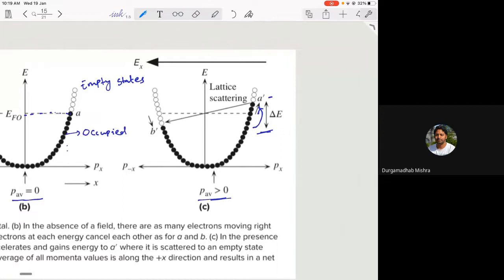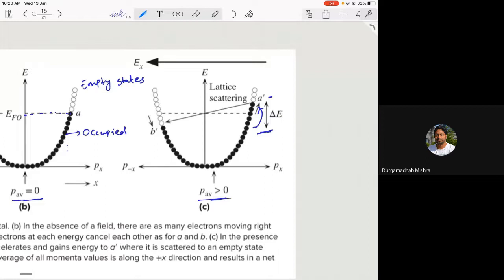Now this process has to stop, because electrons will get scattered at some point, due to lattice vibration or impurities or anything else. Electrons have to get scattered, and that's why you get the resistance.